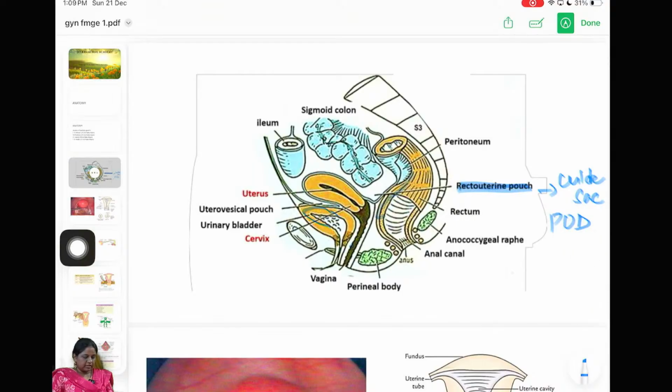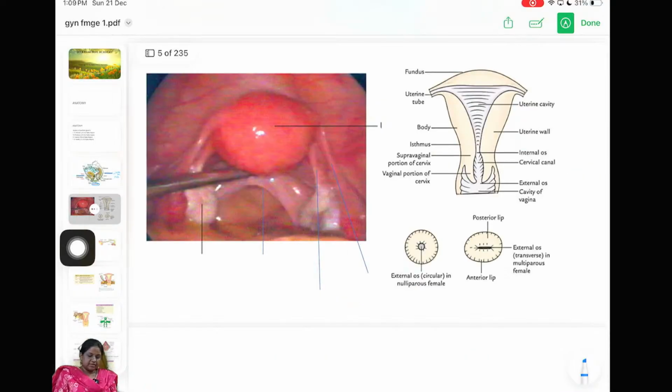And then there is going to be a uterovesical pouch. So these two are the peritoneal reflections present in front of the uterus and back of the uterus. Understood? And then deep below there is a conglomerate of the perineal muscles, which is going to be the perineal body.